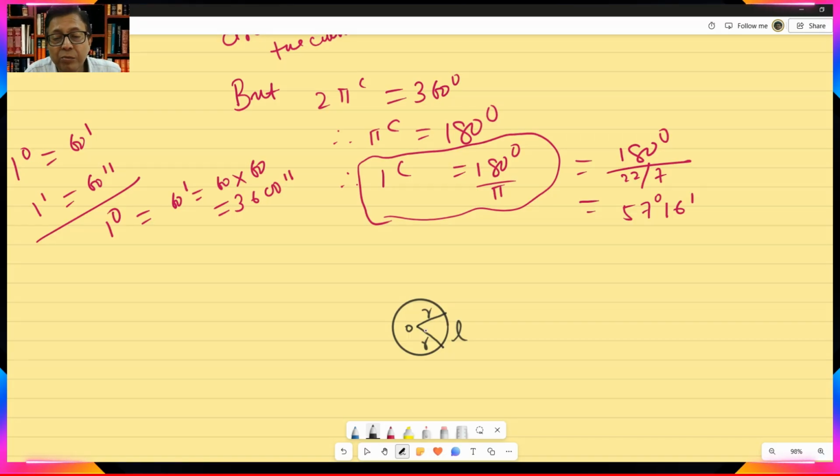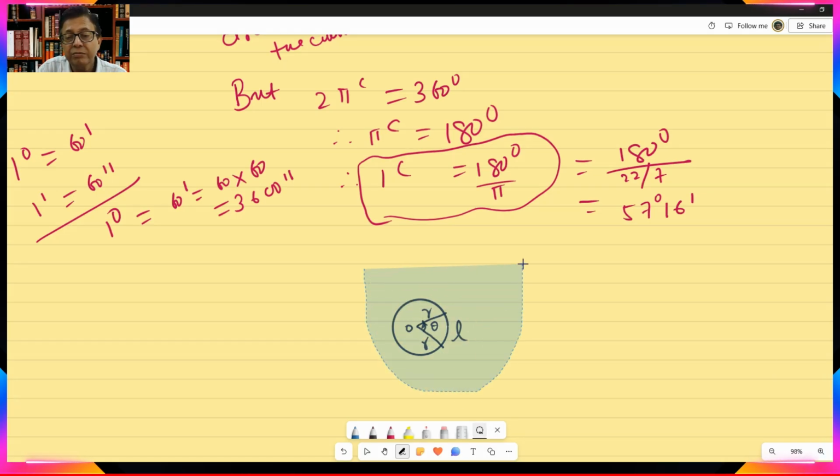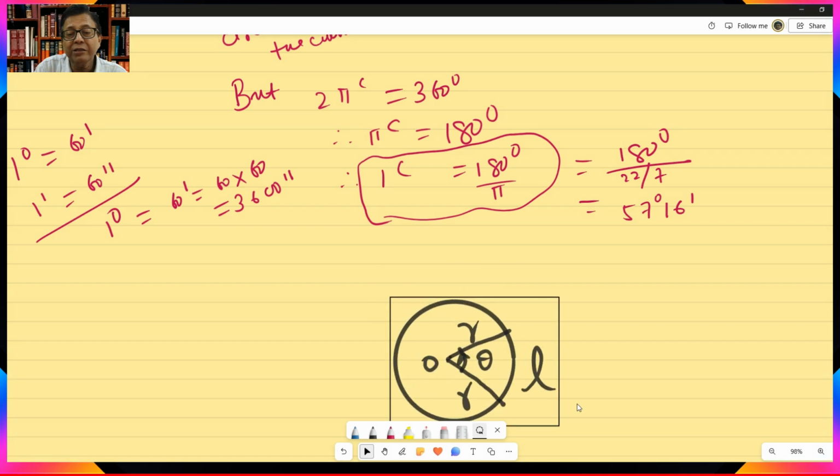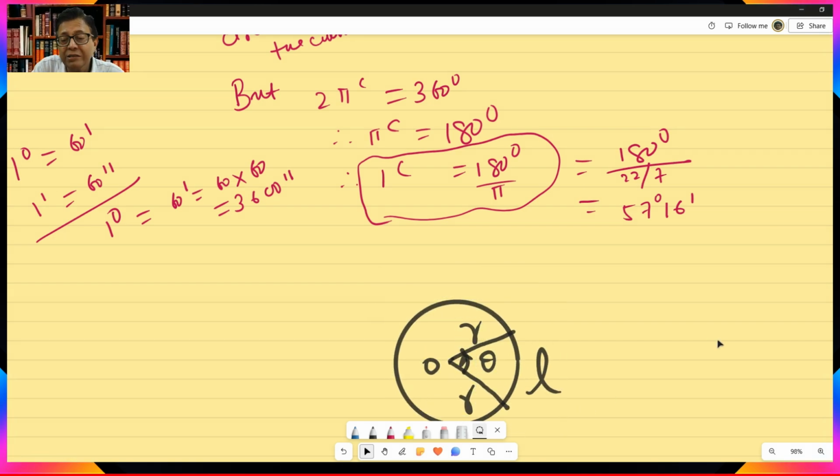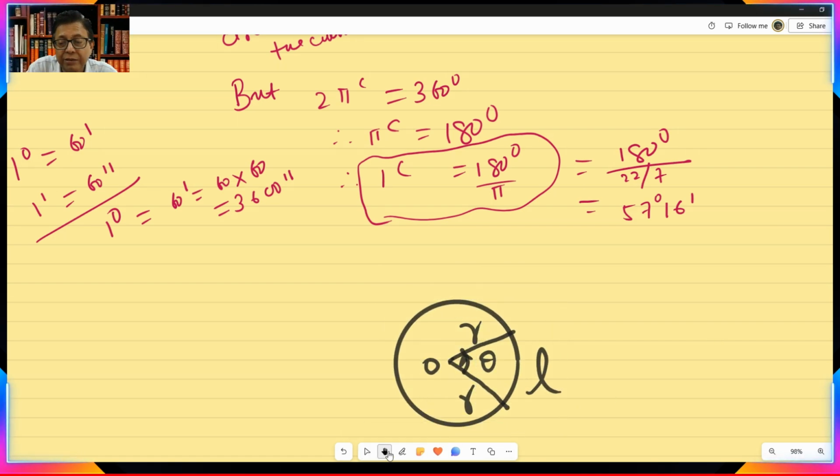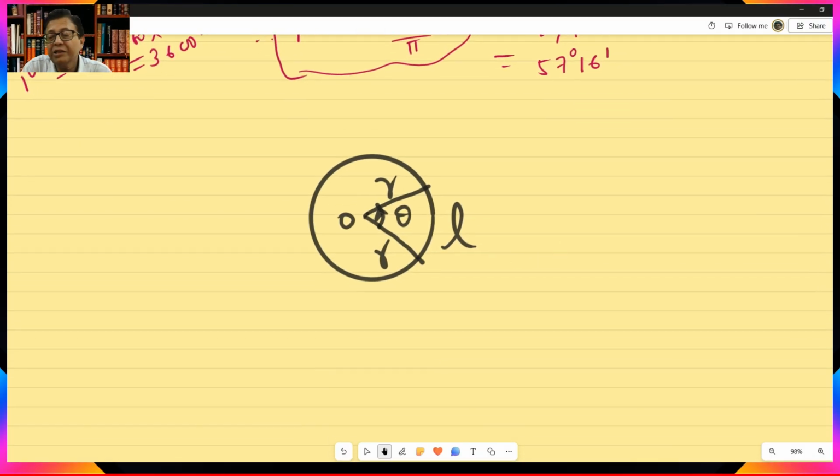This theta will be how much? We are taking a positive angle. Just use the concept you have got, by the algebraic method or as is convenient for you. How much is this angle? Theta.